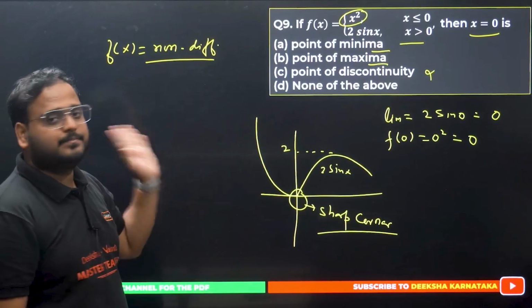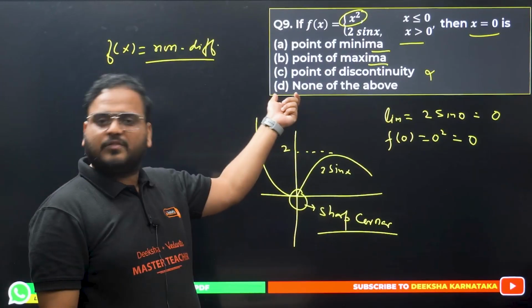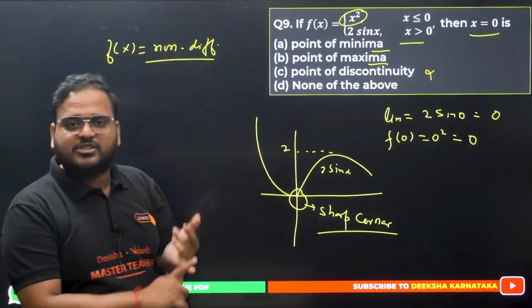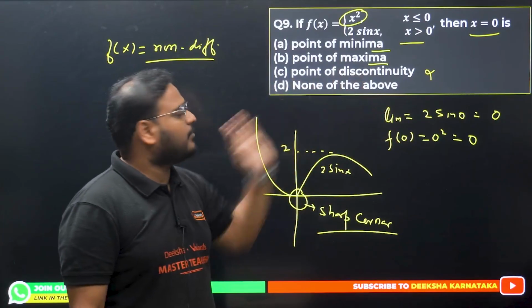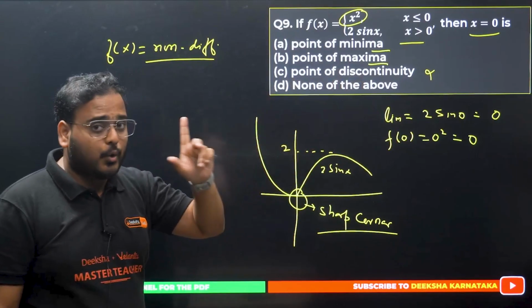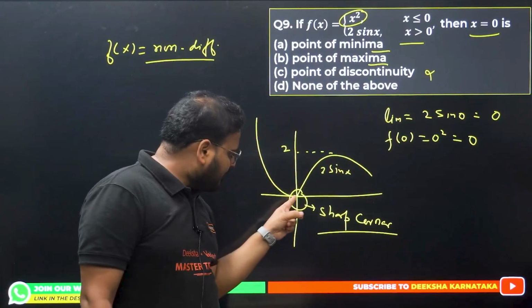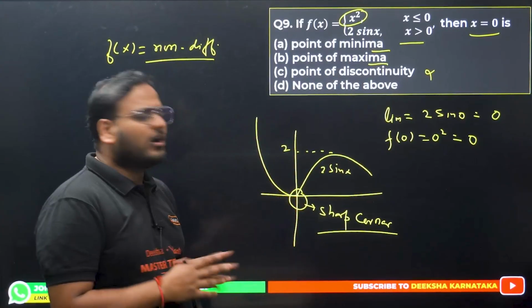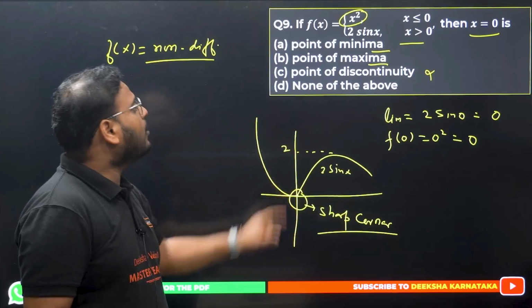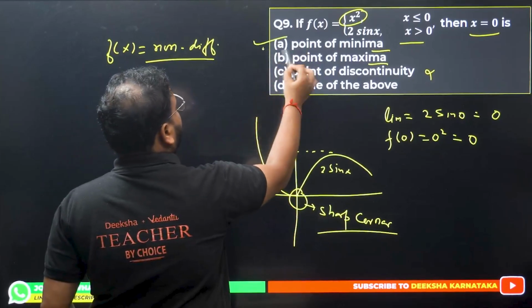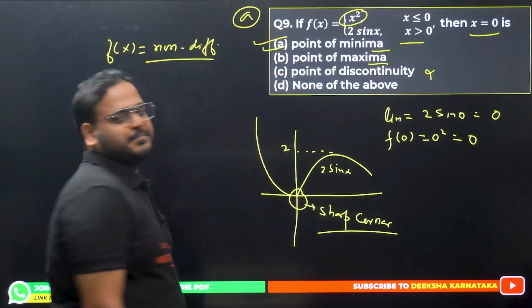So non-differentiable. So sir, the answer is none of these? So we can't differentiate. It is continuous, so we can't have option C. So the answer is D? No. Check the graph. What is the point 0? It is a point of local minima. Option A. Getting it?